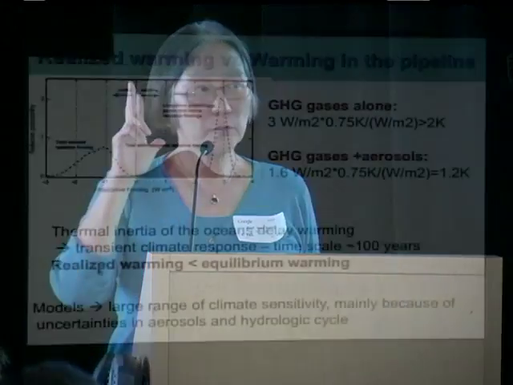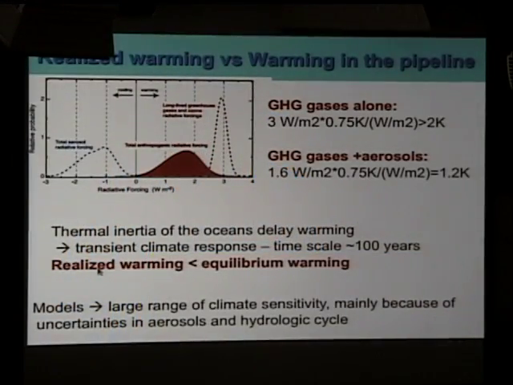Remember, I said remember 2 numbers. One is if only greenhouse gases, we already have 3 watts per meter squared forcing since the 1800s. I apply the feedback factor, and we have over 2 degrees of warming in the pipe. Okay, this is equilibrium.